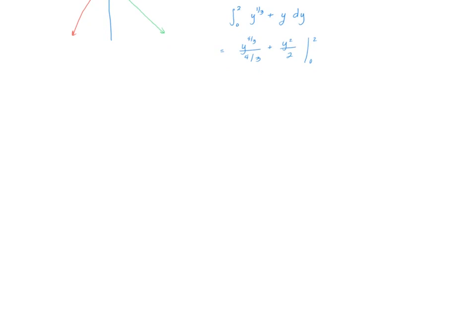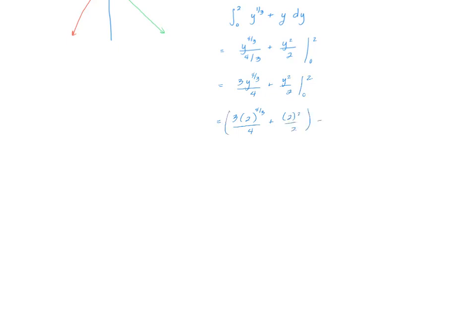I'm going to clean this up a little bit. This becomes 3y to the 4/3 over 4 plus y squared over 2. All right, so this is 3 times 2 to the 4/3 over 4 plus 2 squared over 2, right?